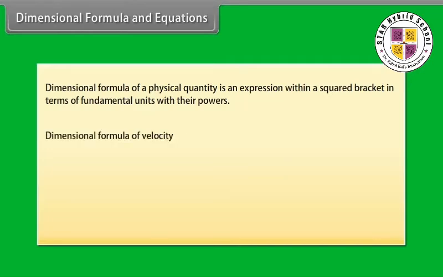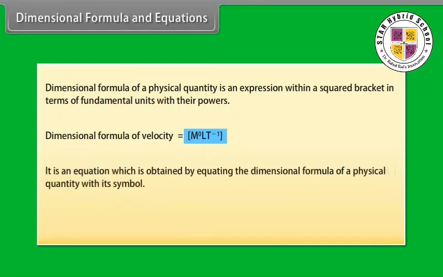Dimensional formula of velocity is [M^0 L T^-1]. Dimensional equation is an equation obtained by equating the dimensional formula of a physical quantity with its symbol. Let us take an example. Dimensional equation of velocity is v equal to [M^0 L T^-1].